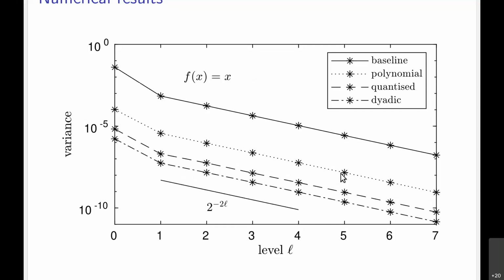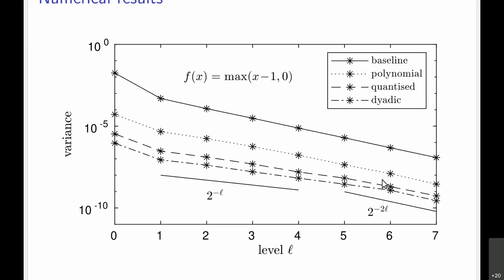If I flick back between those, you can see that there's a bit less of a gap now between the baseline and the four-way correction. But still, it's a considerable factor for the variance difference.